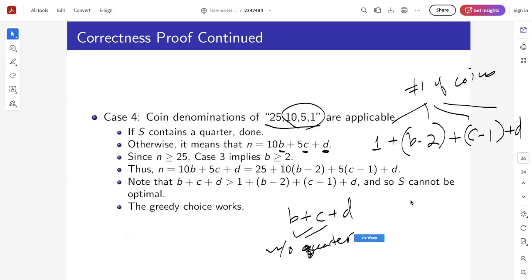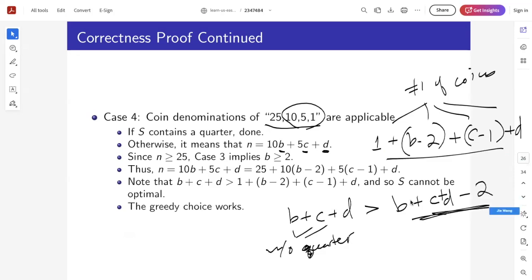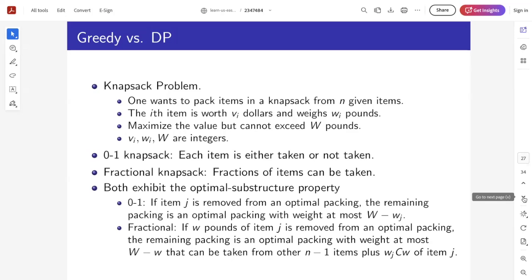This is the number of coins not using quarters, and it is obviously greater than B plus C plus D minus 2, the number of coins using a quarter. So obviously that is a contradiction. Maybe I will stop here, and we'll continue this topic in the next video.